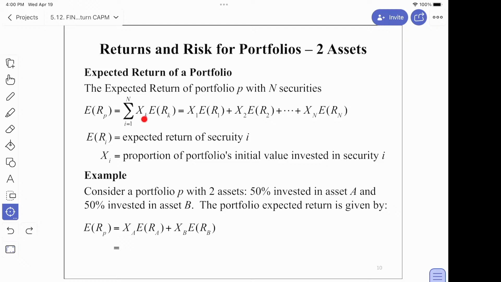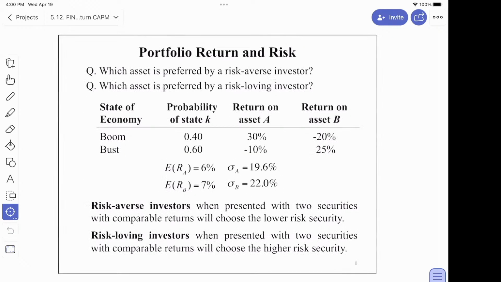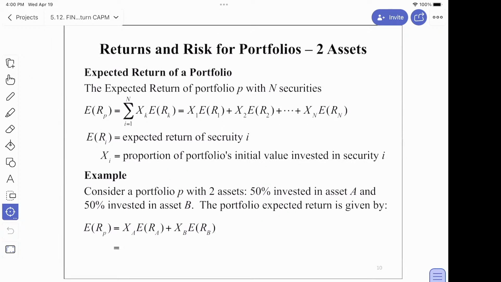Well, what would the weight be in this case? If I don't have data, the weight up here for this data was the probability of the outcome. The weight here is how much of the asset I'm going to have in my investment portfolio. So let's look at just two assets at a time.